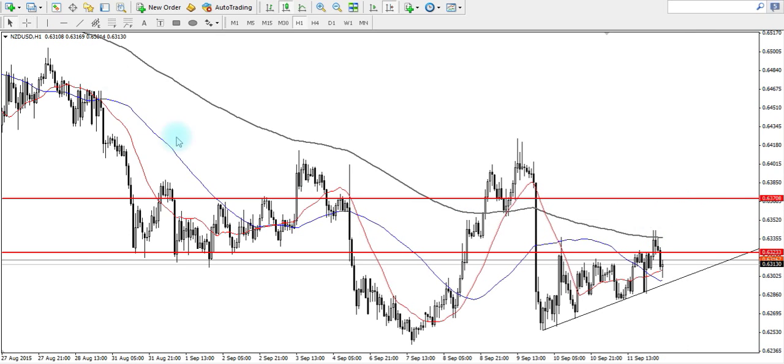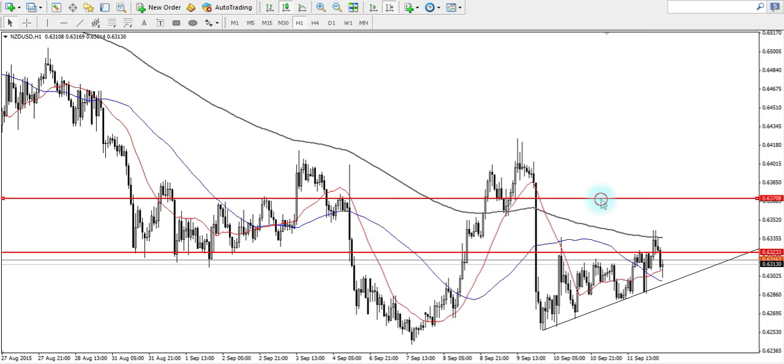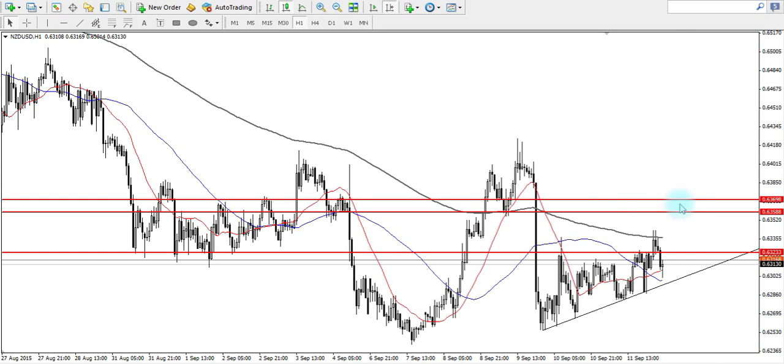Alright, so we can actually take this region, this area itself, as the key prices to go for the sell.